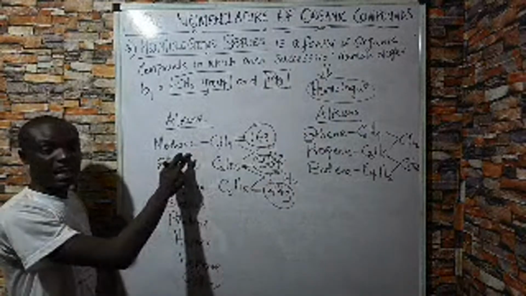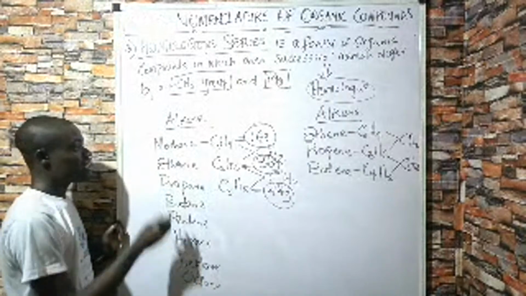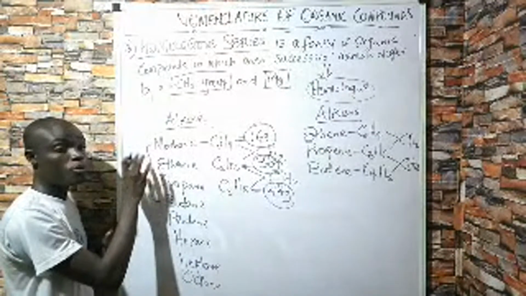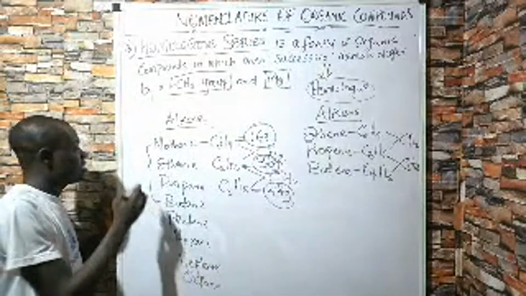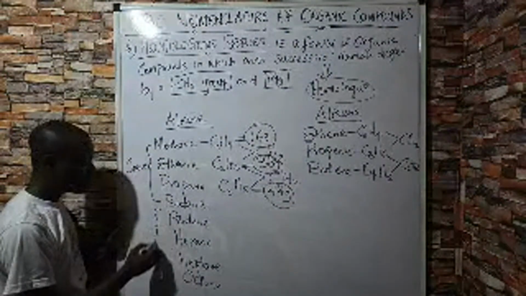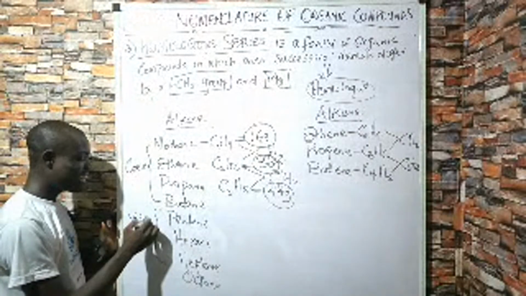Now, methane has 1 carbon, 2 carbon, 3 carbon, 4 carbon, 5, 6, 7, 8. If you look at the first four compounds of alkane, in terms of their physical property, you tend to see that they are gases. If you come down to the next four, you tend to see that they are what we call volatile liquids.